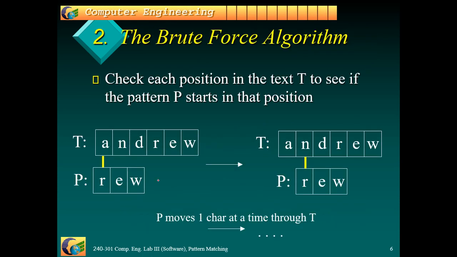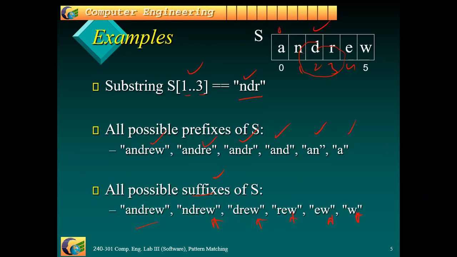Yes. And if you can see here, in the prefixes of Andrew, there is a first character. Do you find the first character? Yes, there is a first character available. So this is the condition for prefix. Prefix should have always the first character of the string, and the suffixes will have the last character of the string.